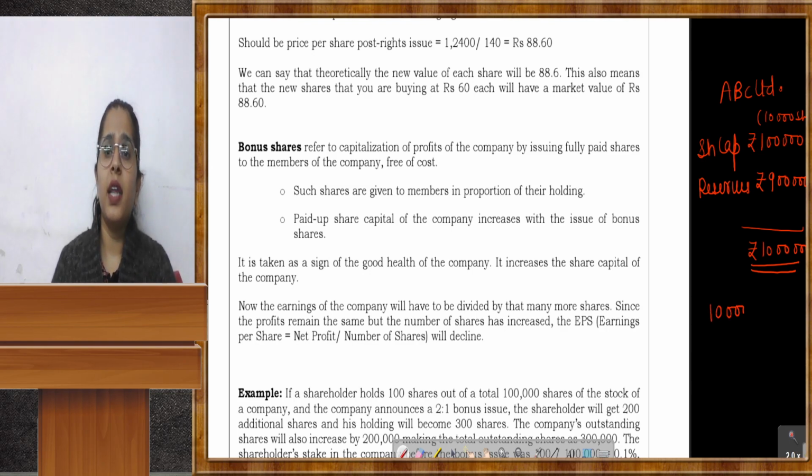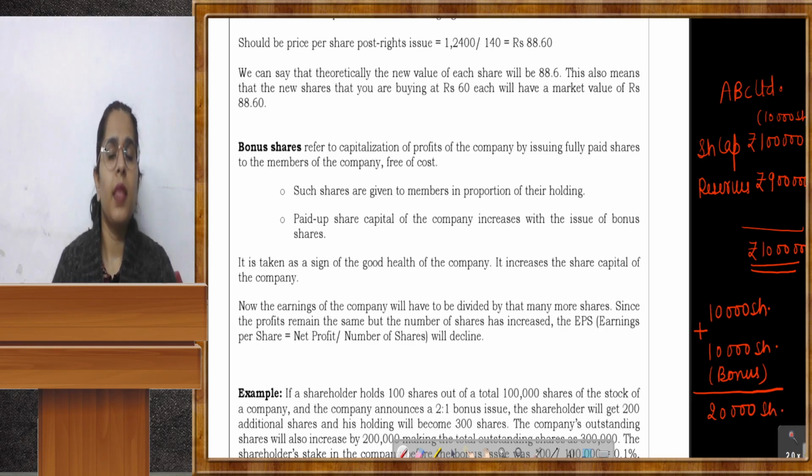Okay, there are 10,000 shares in our company currently. It means 10,000 shareholders are there, or it can so happen that fewer shareholders are there. So whosoever is holding one share of the company will get one more share as bonus. So 10,000 shares were already there, 10,000 more shares are issued as bonus, and this will come to 20,000 shares, right?